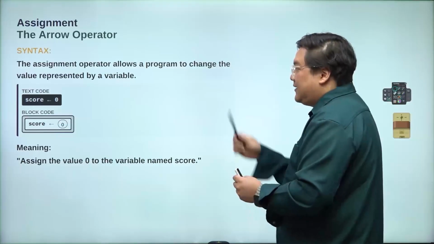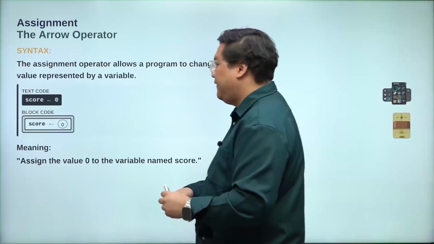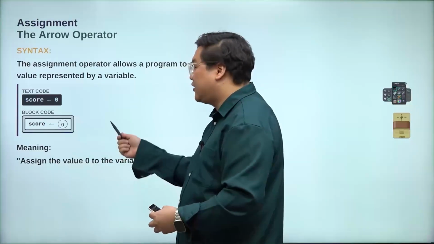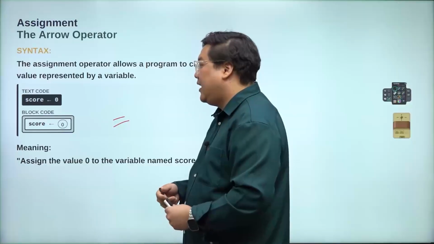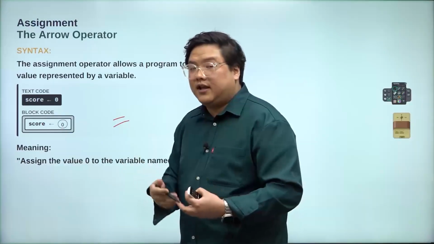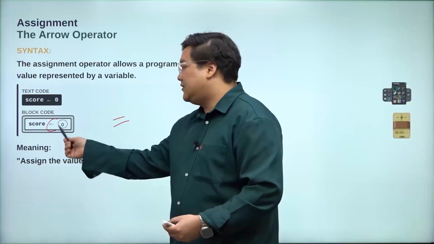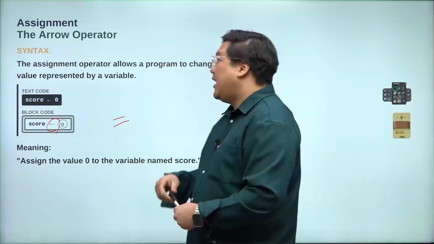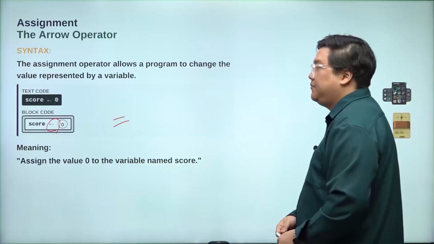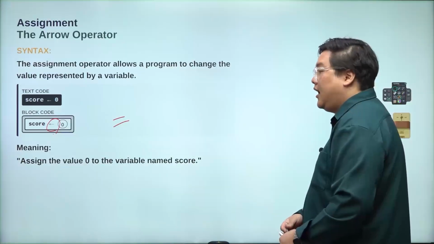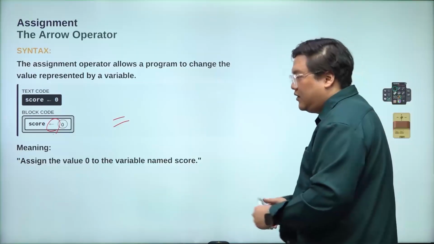The assignment operator in regular coding is usually the equal sign. Some languages, like R for statistical analysis, use the arrow to assign values, and that's what the AP CSP exam is going to use. So don't get confused when you see the arrow.